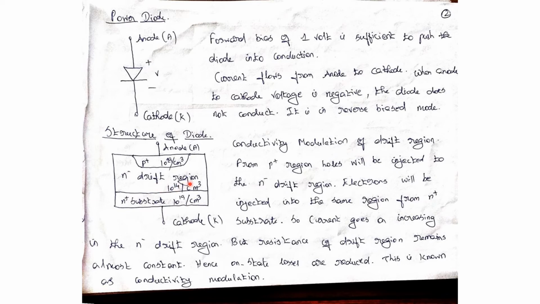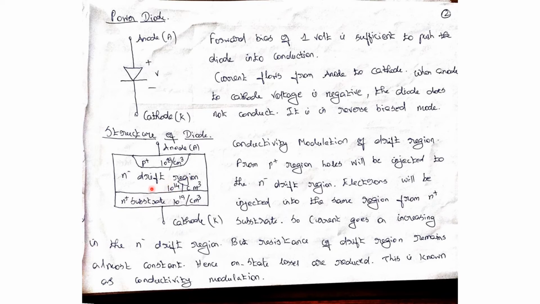Why are we calling it a drift region? Because this is some sort of depletion layer that is not saturated. That's why holes are introduced from the P plus region and electrons from the N plus region. These holes and electrons form pairs.